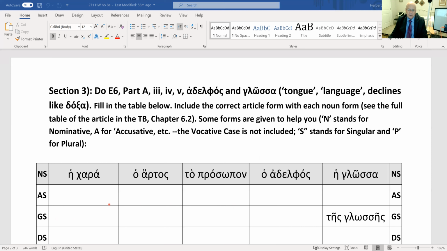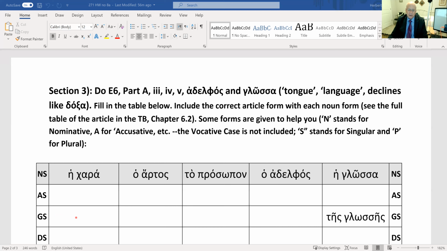Agape is no problem, but notice that it's an eta noun, and this is an Old MacDonald noun because its stem ends in iota. Hamartia, it's an ei rho. It's an Old MacDonald, an alpha pure noun, the word for sin. Hamartia.